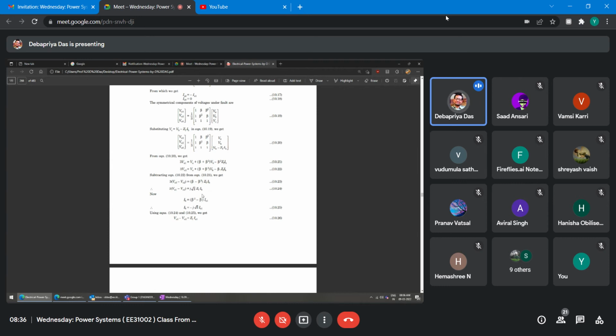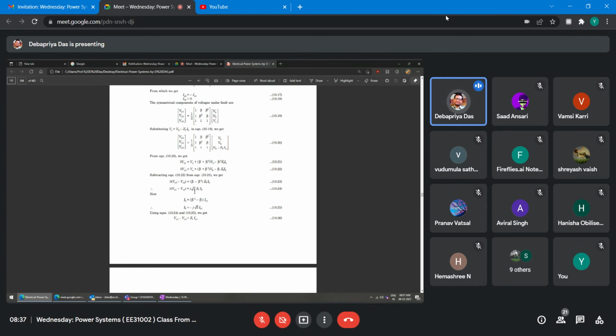So accordingly, you substitute all these things. If you go back to the previous chapter and substitute there, you will get IB is equal to beta square minus beta times IA1. So IB is equal to minus j root 3 IA1. And this IB you substitute here. If you substitute, it will be minus j square 3.